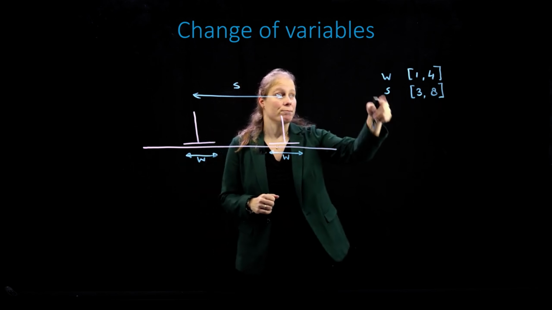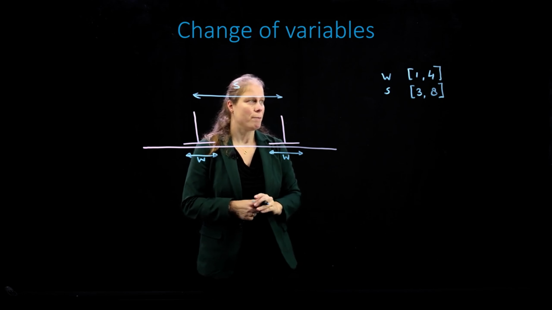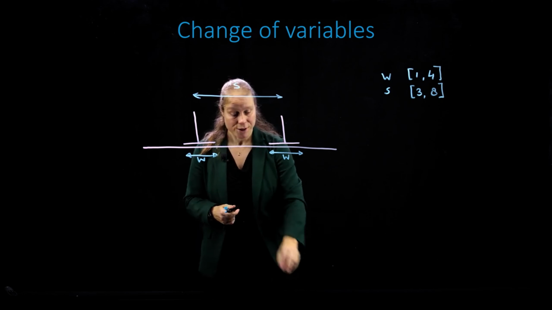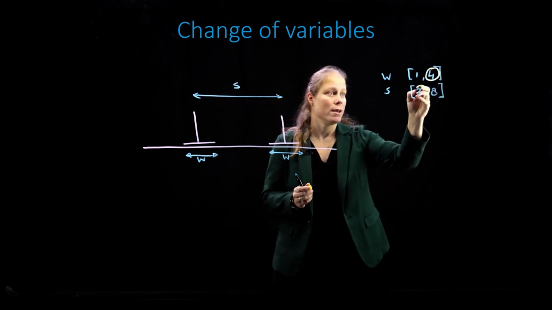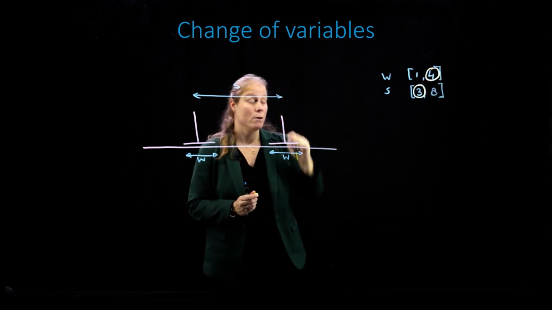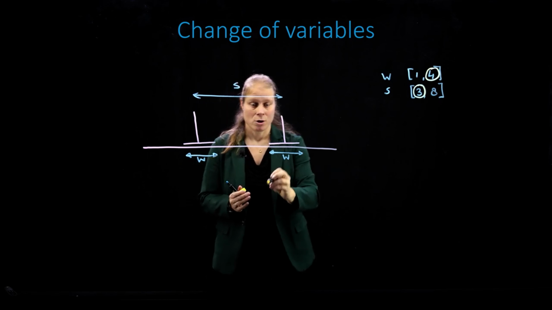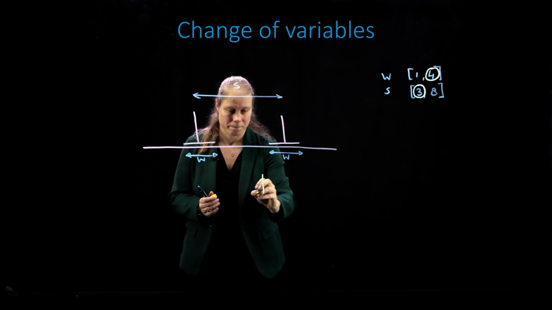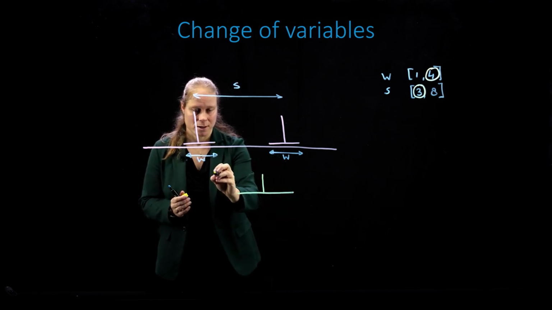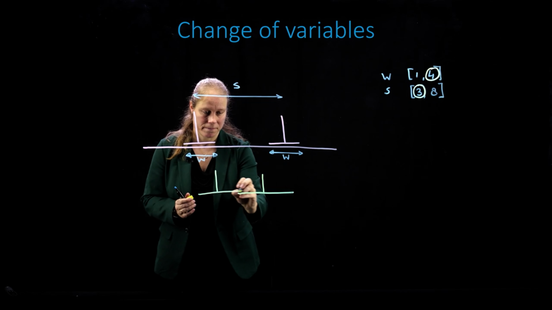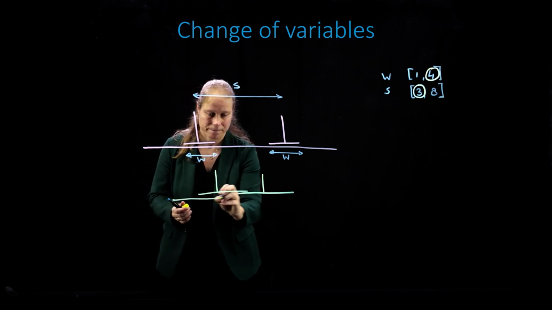But because they can be in arbitrary combinations, you might end up with your width being 4 and your spacing being 3. Well, what happens when that's the case? Well, you will have one here, and you'll have the other one here, and they overlap. And then you have your skin.